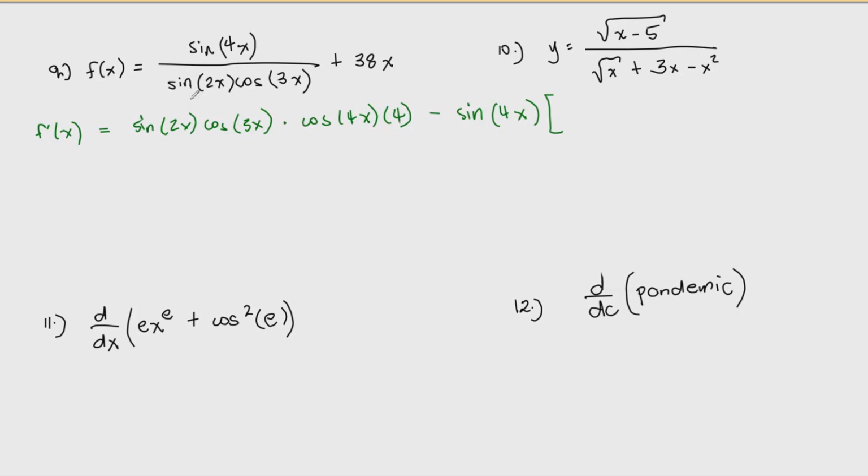Now the derivative of our denominator is actually a product rule of sine 2x and cosine 3x. So we get sine 2x multiplied with the derivative of this one, which would be negative sine of 3x times 3, and then plus cosine of 3x multiplied with the derivative of sine, which is cosine 2x times 2.